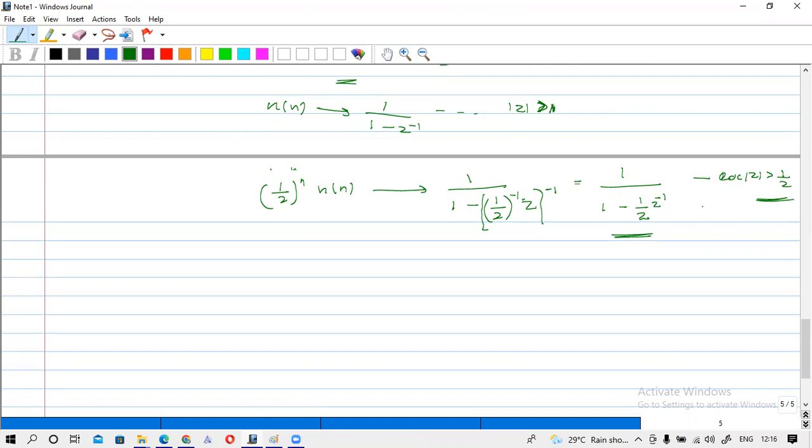So this will be the ROC. Are you okay with this? So this will be my z transform and this will be my ROC.